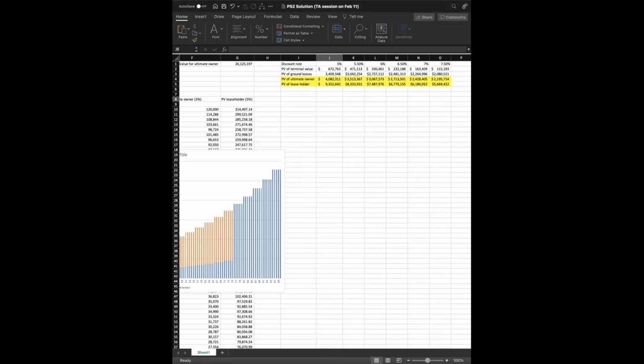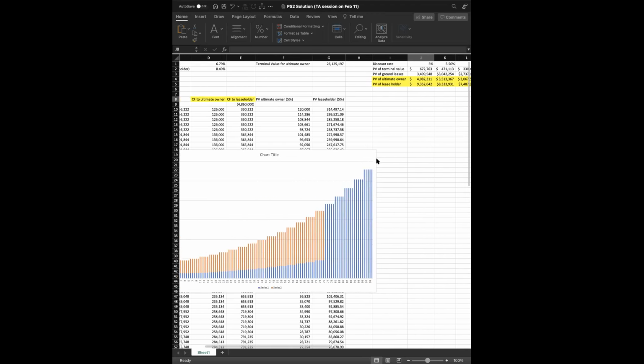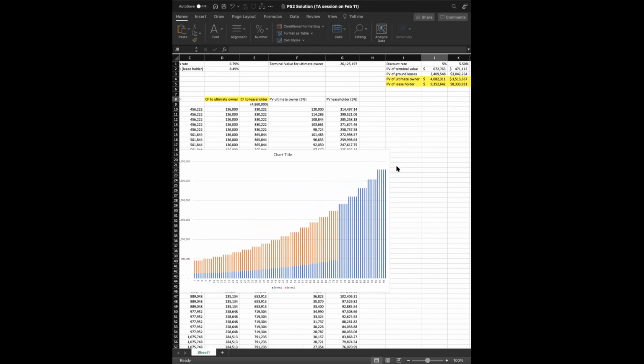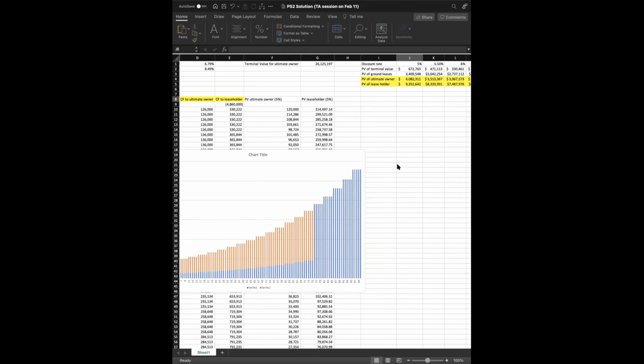Okay, then the last question: what was the motivation of the ultimate owner to split the right? This is also an open question. My answer, although it's not the only answer, would be that it depends on preference. It's also related to some of your arguments in question 7. Someone prefers the ground lease payment type of cash flow, and someone might prefer more volatile but much more valuable cash flows.